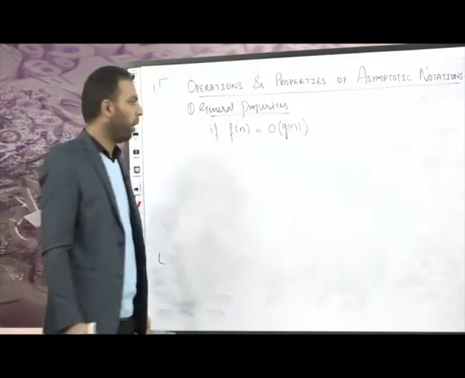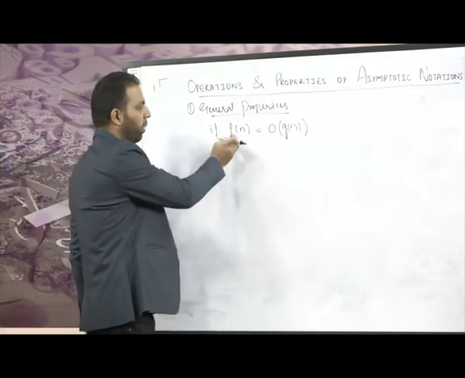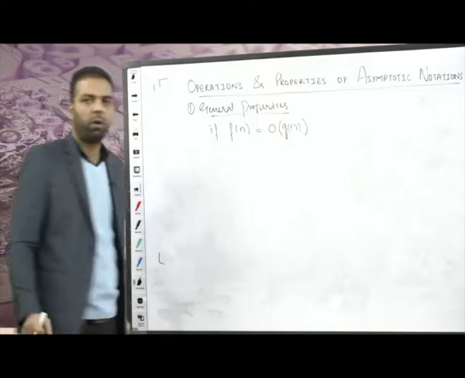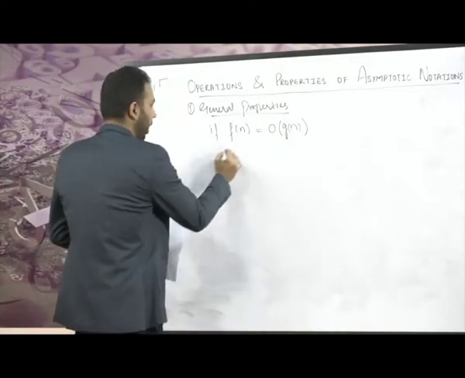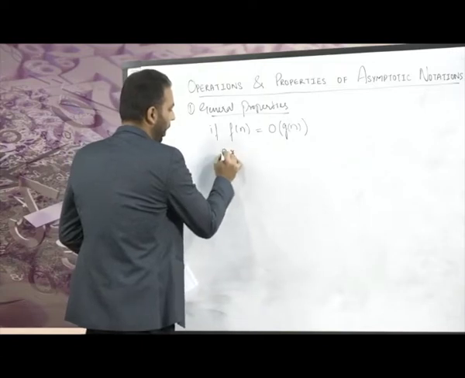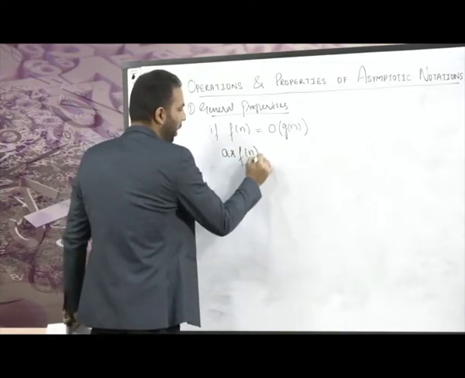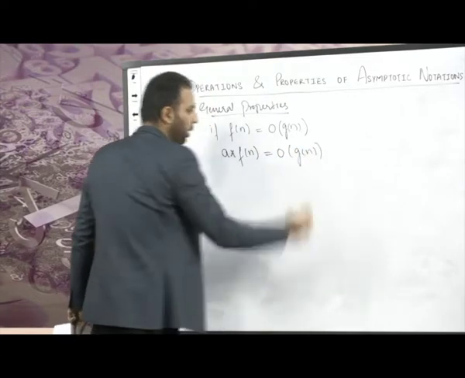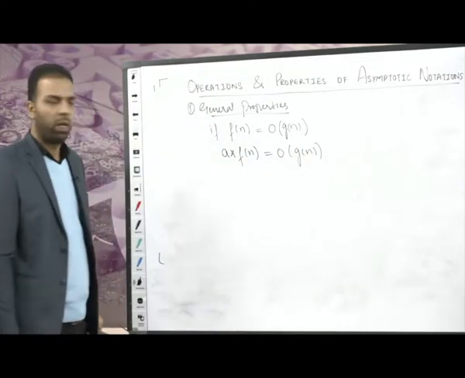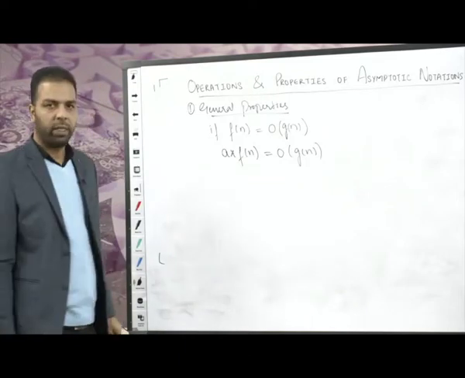What will happen if we multiply some value a with f of n? What will happen to the order of g of n? Okay. So a multiplied by f of n will still be of the order g of n. This is the first property. We will see it with the help of an example.